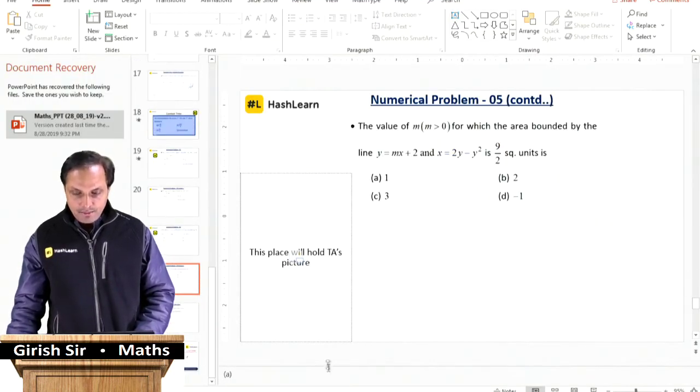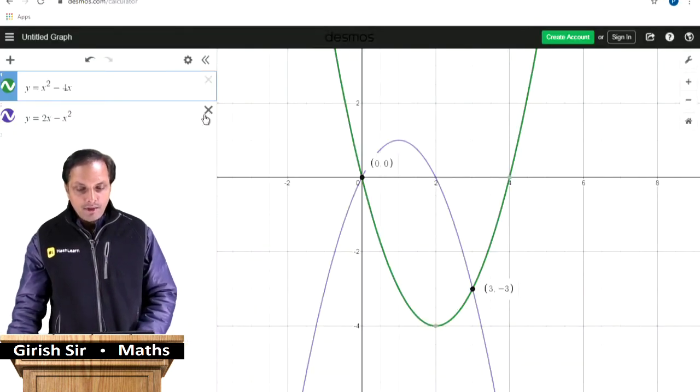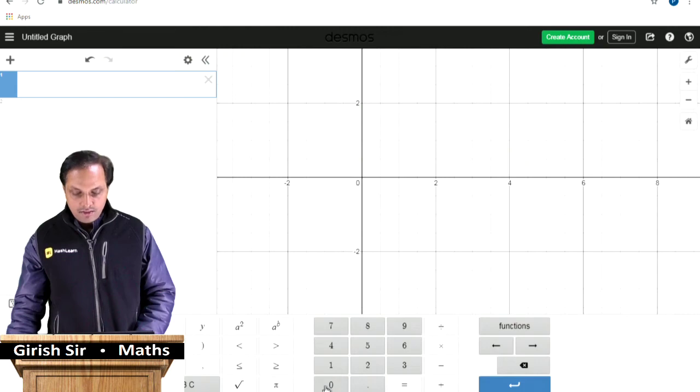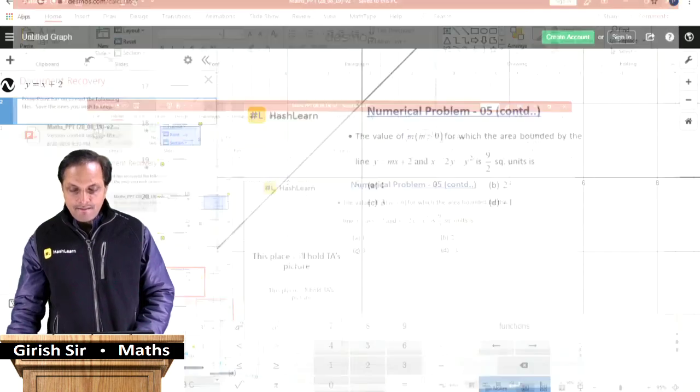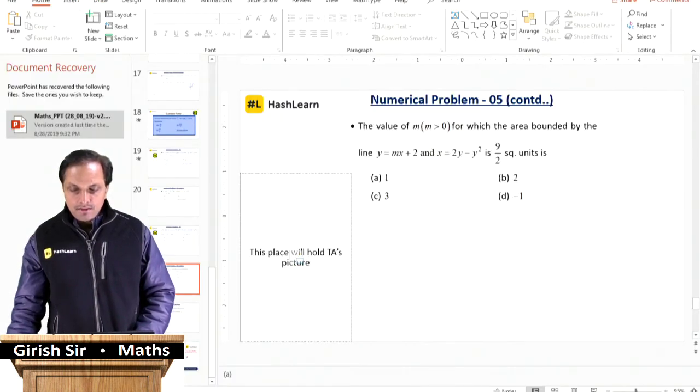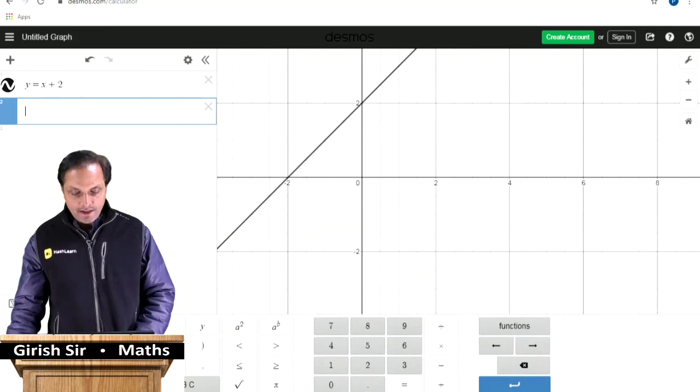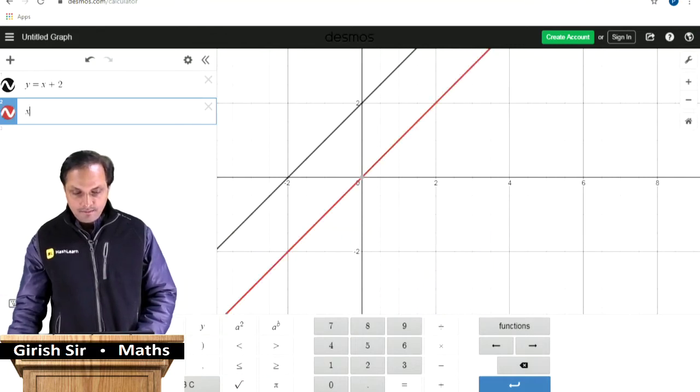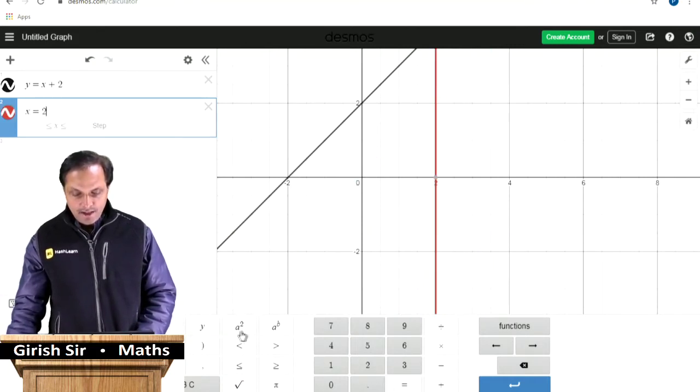Okay, so let me take you through Desmos quickly. The curve was y is equal to mx plus 2, and I had taken y is equal to x plus 2. And what is the parabola you have? x is equal to 2y minus y square.